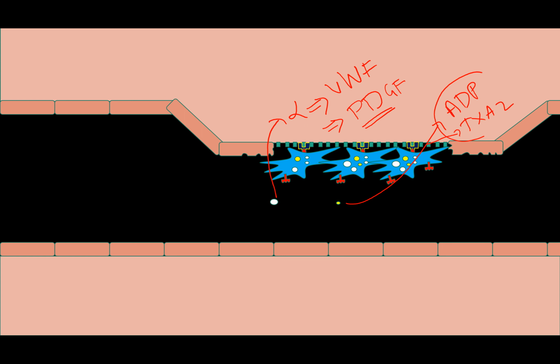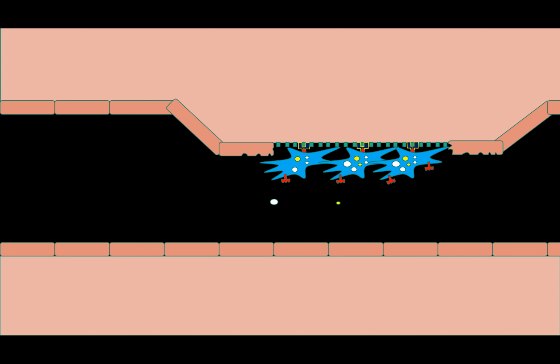Both of these again will help in the platelet aggregation. So, von Willebrand factor, ADP, thromboxane A2, everything will help in the platelet aggregation, and platelet derived growth factor will help in the long term healing. So, as I told, the alpha granule will release the von Willebrand factor and the platelet derived growth factor, whereas the dense granule will release the ADP and thromboxane.